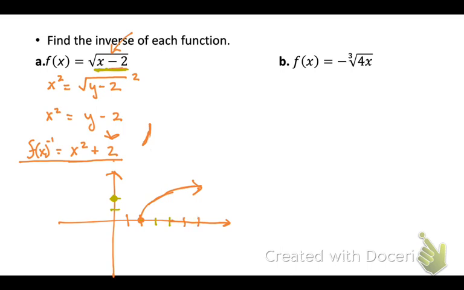So if we put 6 in here, if I do f of 6, 6 minus 2 is 4, square root of 4 is 2. So I made my graph too high, didn't I? So here it'd be right here. So it would go like that.